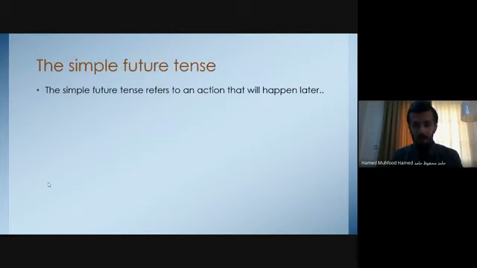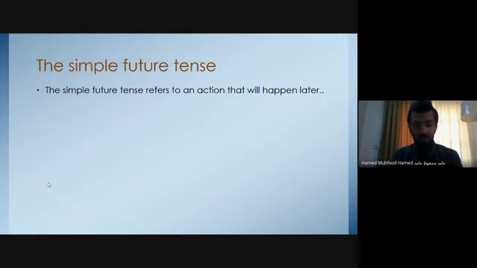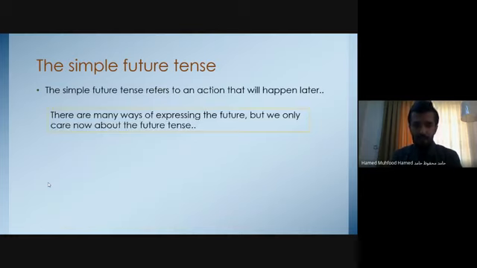And as we said, the simple future tense is used to talk about things or actions that will take place later, right? But we should always keep in mind that there are many ways of expressing the future without forming a sentence in the future tense.